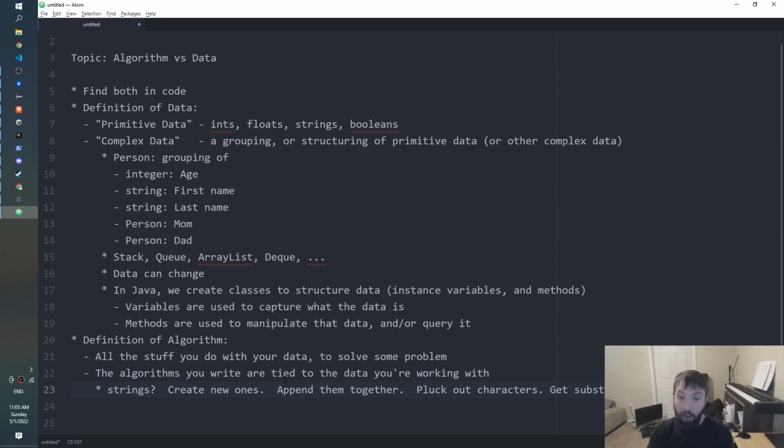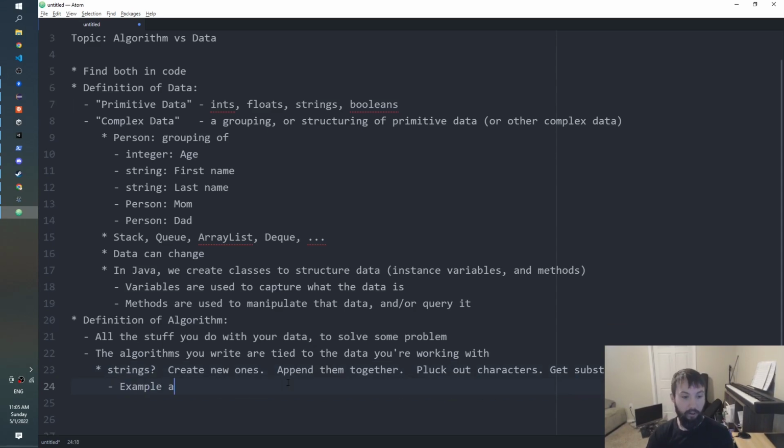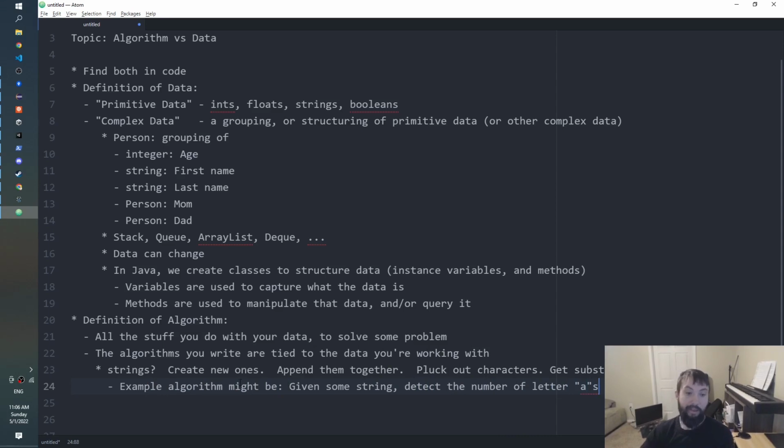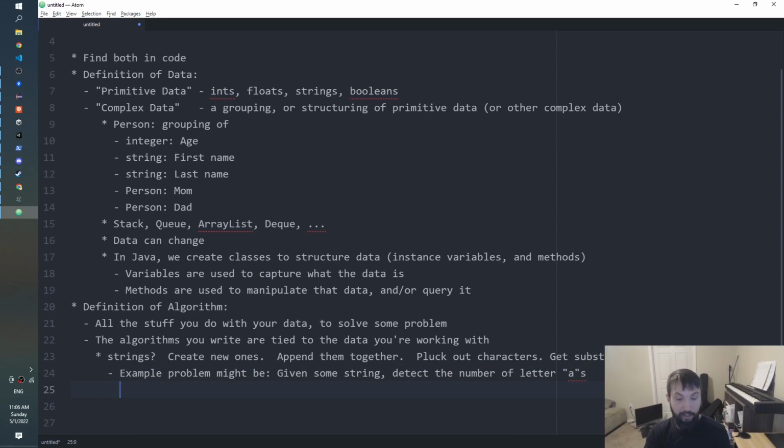And that would be an algorithm. An example problem: given some string, detect the number of letter A's. An example algorithm would be some code or flow that does that.